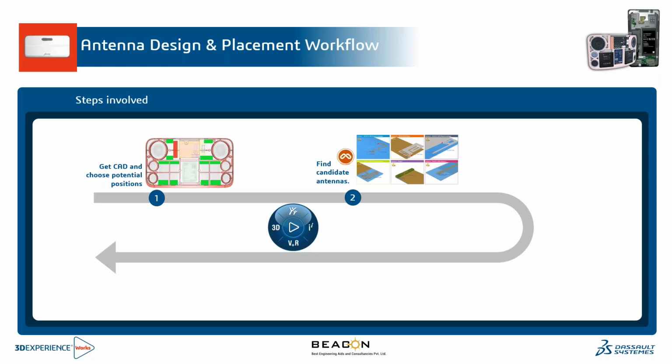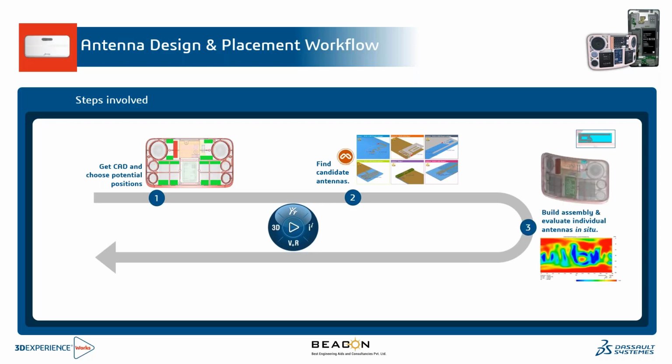Once we decide the positions, we look for a suitable antenna with good performance, build the assembly and install it, evaluate the individual performance and the installed performance of the antenna, and look at the total scan pattern, the directivity, or the far field results, and see if it is able to perform well.